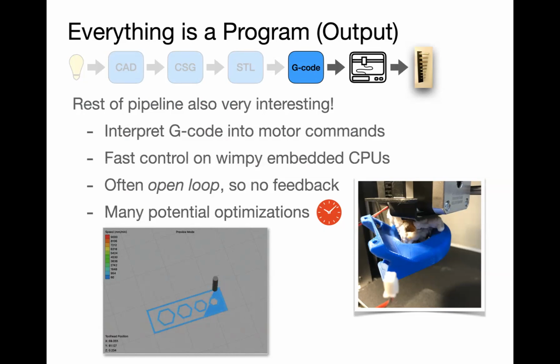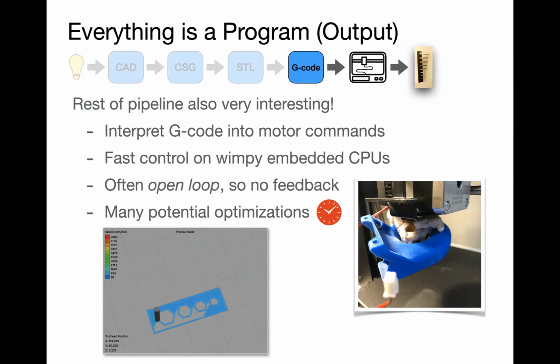So this is open loop control; when something goes wrong, we don't know. And time is money, so we want these things to run quickly, and there's a lot of optimizations available. The photo on the right is a recent failure I had, where I had a print run all night only to have the filament back up into the printer, and it took me like 3 hours to clean it.